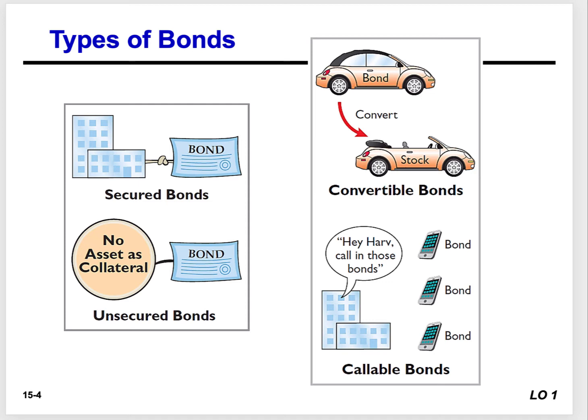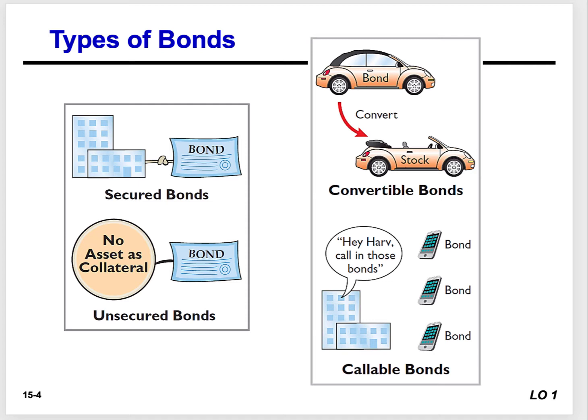So if you can't make payments to the bank, guess what? The bank has a claim on that house. They can take that house, turn around and sell it to somebody else, and take the proceeds from that sale to satisfy the loan that you owe them. So you're out of a house, but at the same time you don't owe the bank money, because they took the house and sold it to pay for that loan.